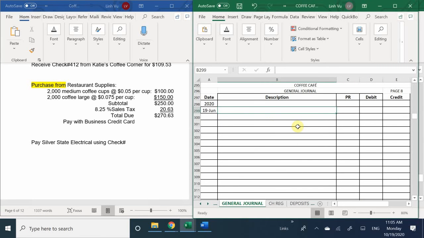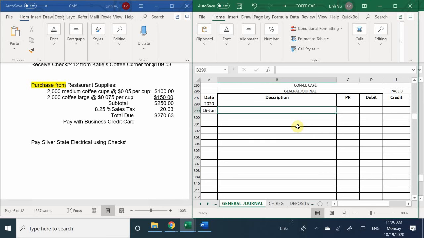Is that a debit or a credit? Are you going to debit the checking or credit the checking? Checking is a debit and accounts payable is a credit? I could be all wrong. Are we owing more money or are we paying them? We're paying them. So that would be debit.